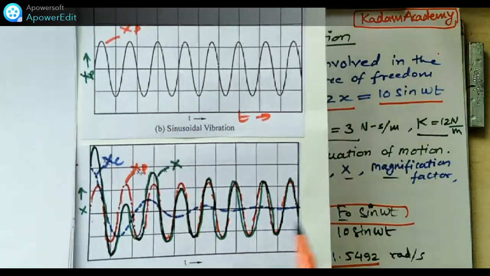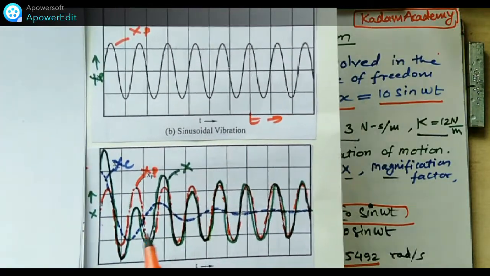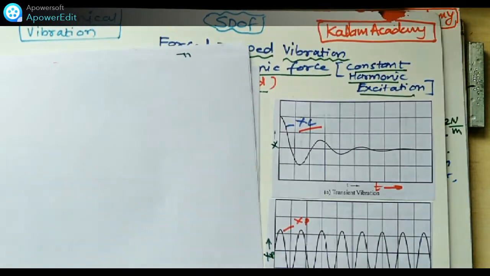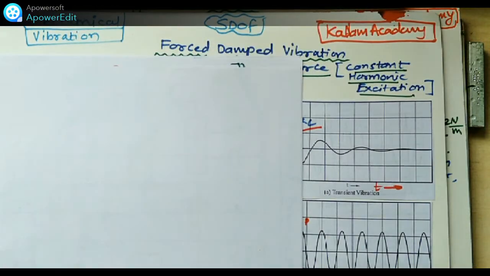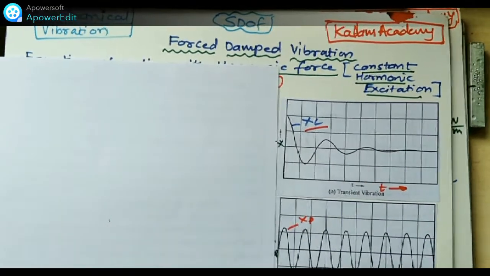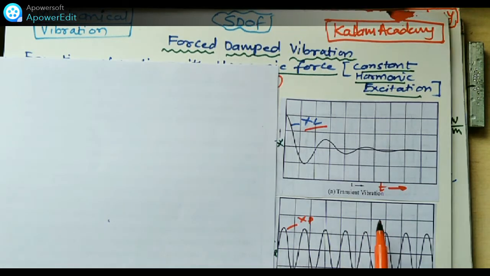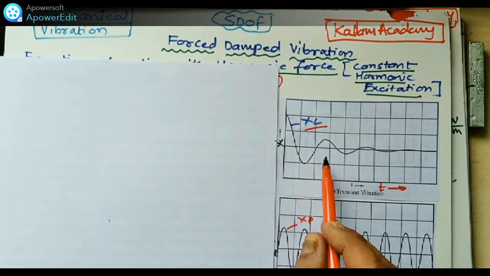So friends, we are going to study now the magnification factor. So what is the transient vibration? Transient vibration is the complete solution for the underdamped system subjected to a sinusoidal wave, but it goes on decreasing.